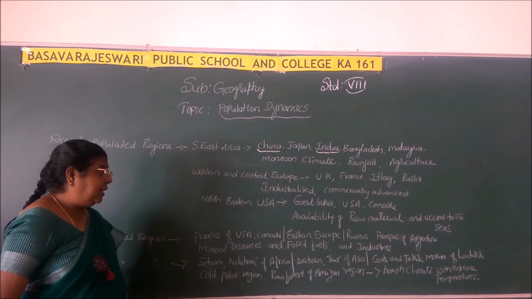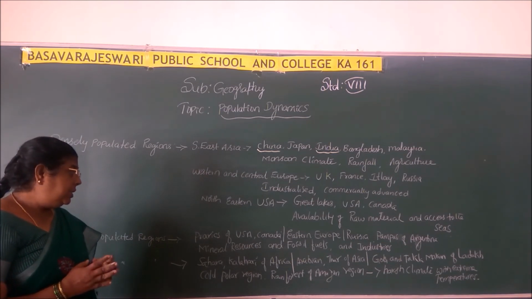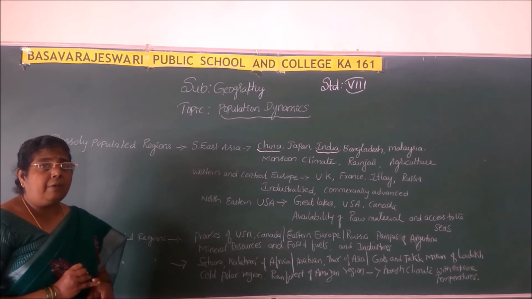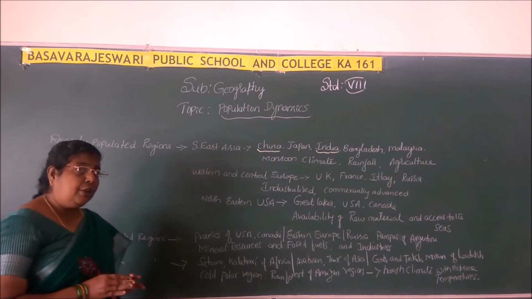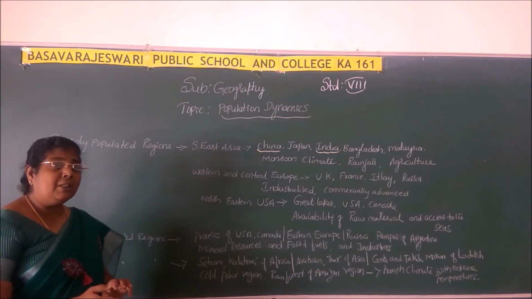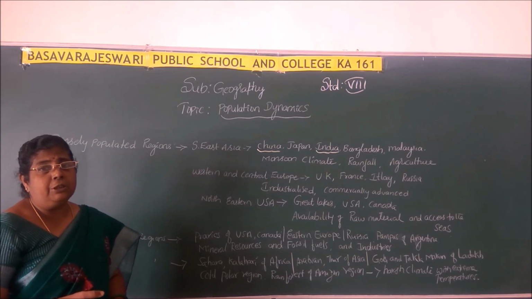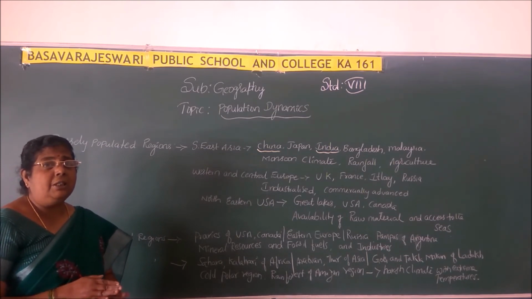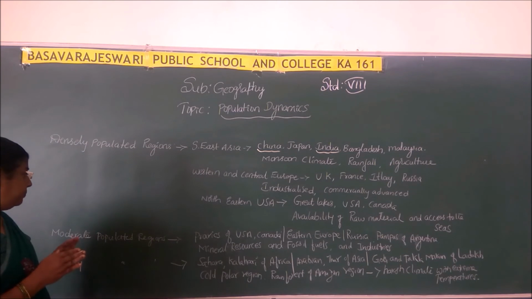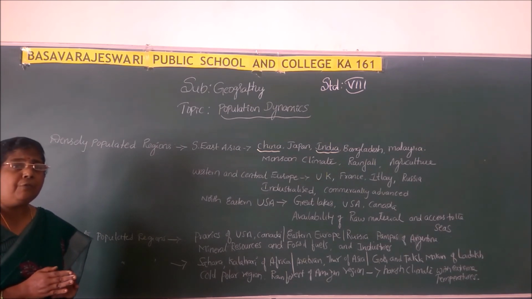The prairies of USA and Canada, Eastern Europe, Russia, and the pampas of Argentina are some of the important regions where we can see moderate population. Why? Because in these regions the availability of mineral resources is very good, and fossil fuels required to run the industries are available. Many industries exist because these two are available, and raw materials are also very important for industries. So the population in these regions is neither more nor less.